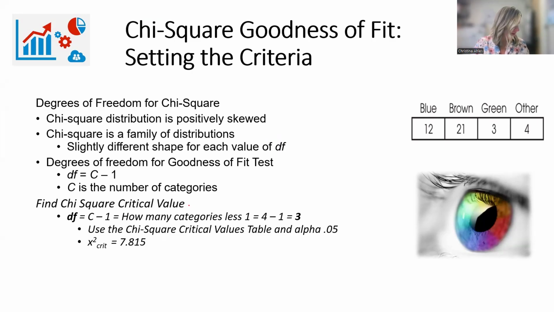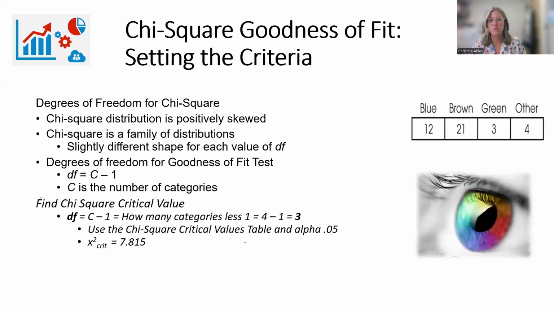If you look in here, there's a 0.05, there's 0.01. If we look up 3 and we're using 0.05, you'll see our critical value is 7.815 using that chi-square critical values table. And that is table A.6 in that textbook. So now we have the criteria.